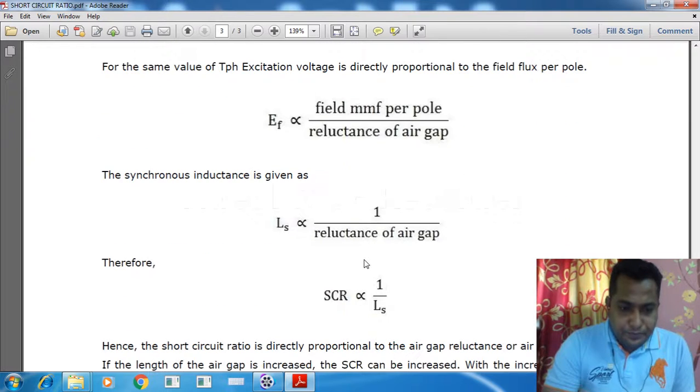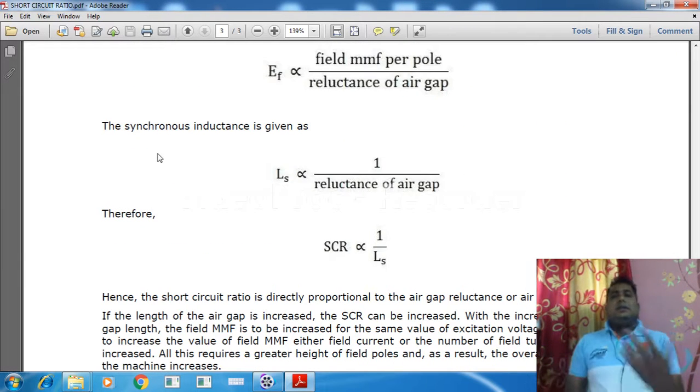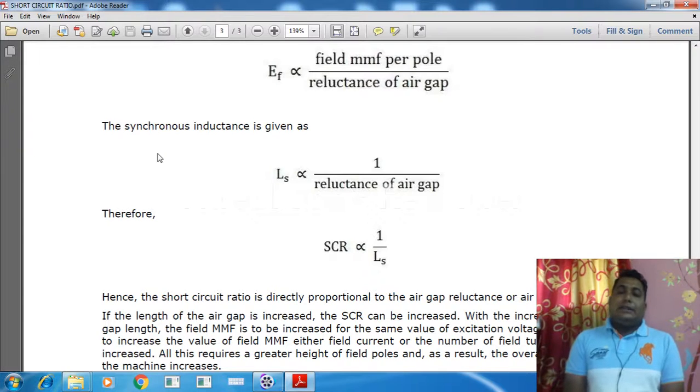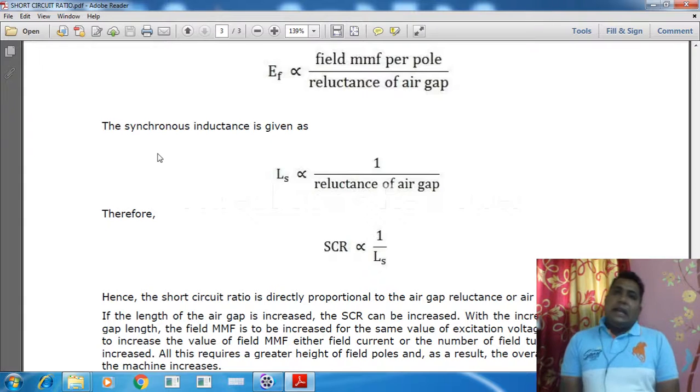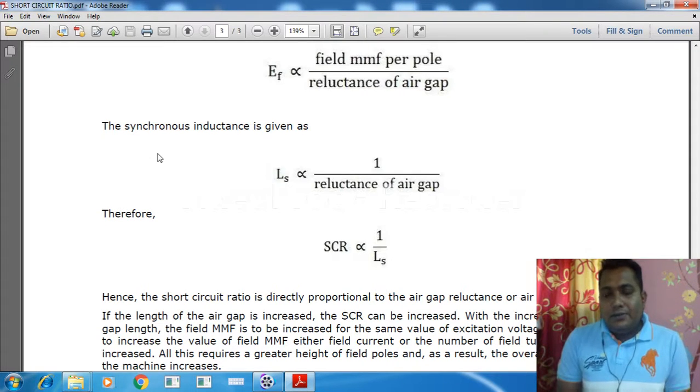So the synchronous inductance is given by L_s equal to the inverse of the reluctance of the air gap. Obviously we know that in a magnetic field, reluctance acts as the resistive property, as we know in the case of an electrical circuit.